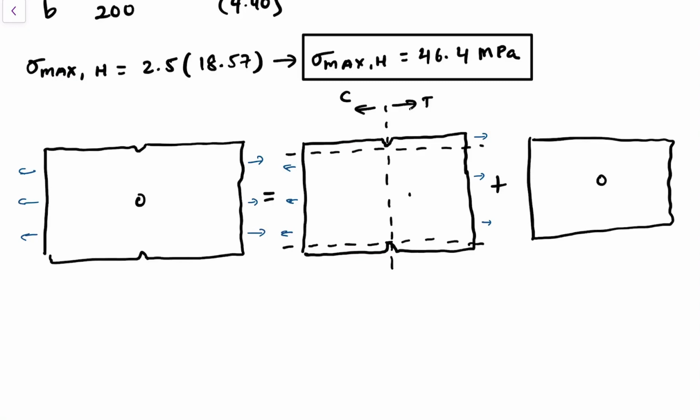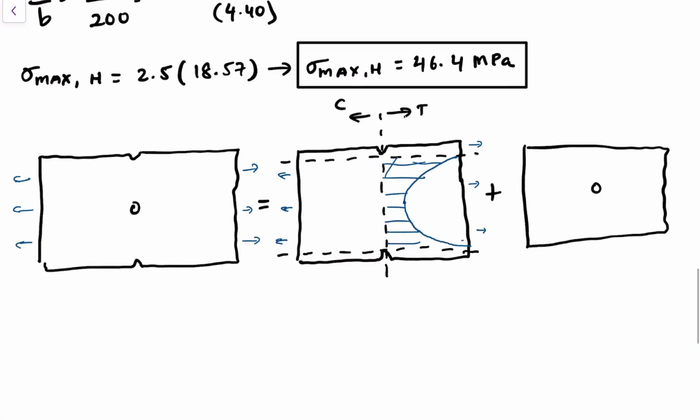So the stress is going to start from some nominal value and peak near the discontinuity this way. So this is basically our stress distribution, right? Where this value here is approximately sigma nominal, and this peak value here is going to be sigma max.